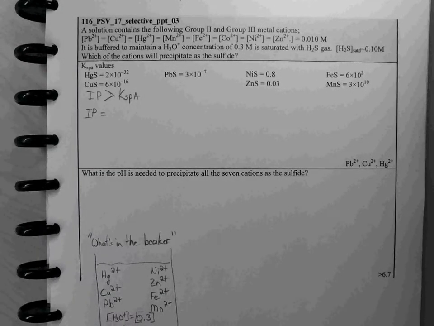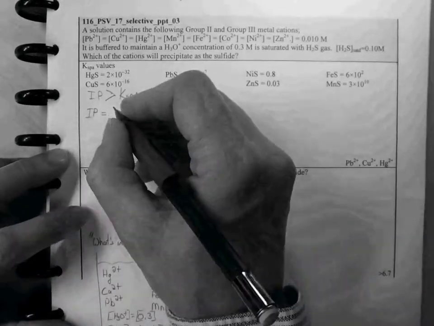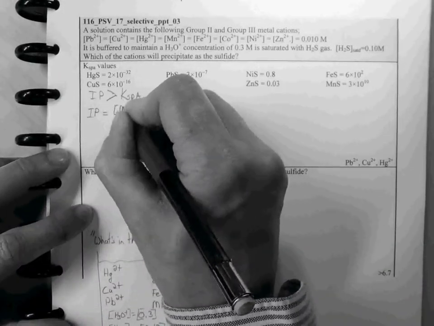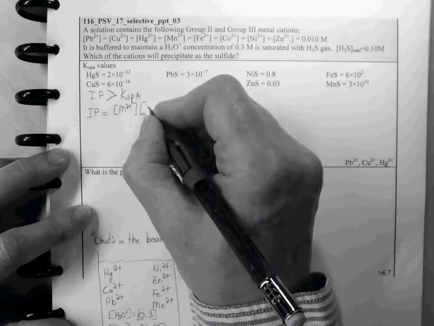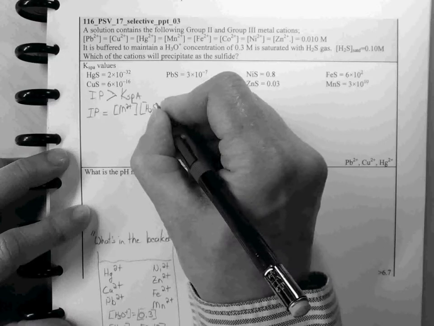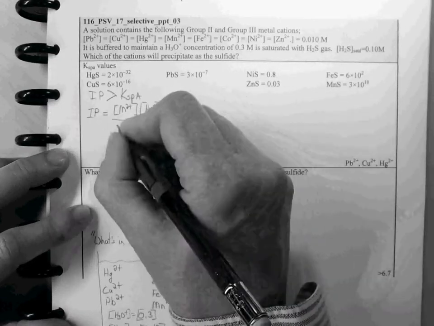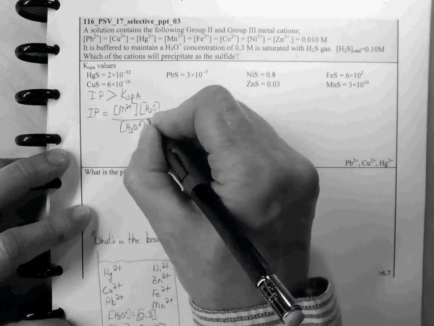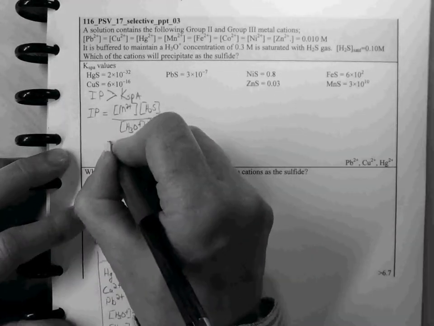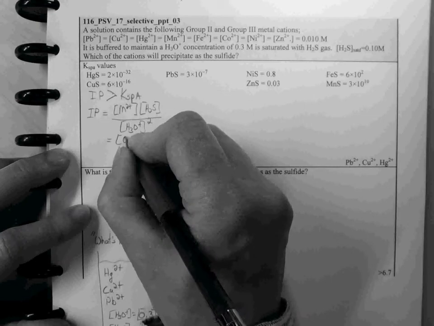So it's the same form as KSPA, so we have our metal cation concentration, our H2S that's dissolved in the solution, and H3O+ ion concentration squared. We can substitute in the values that were given.